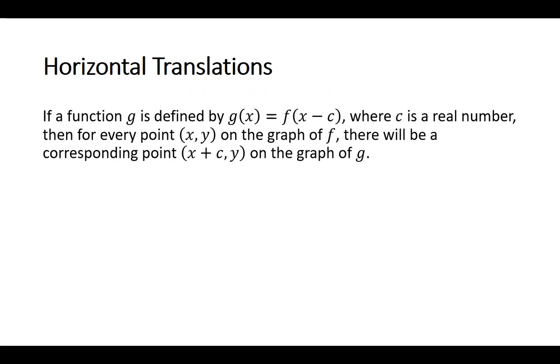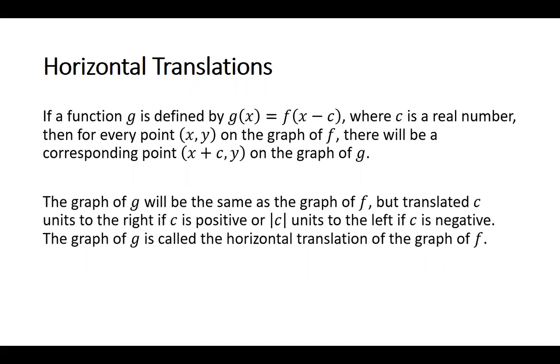The same thing here: if you add a positive number to the input, so x plus 3, you're basically telling the function, act as if I'm 3 further to the right than I really am. So it shifts the graph to the left, compensating for that.